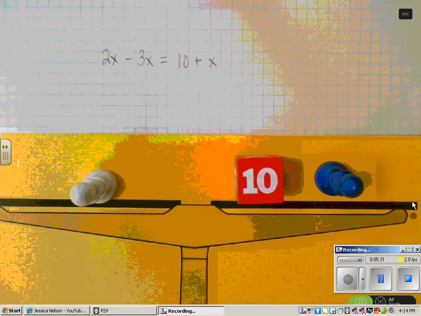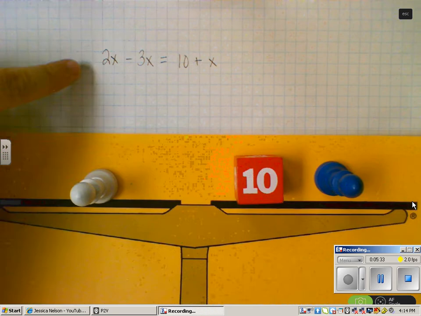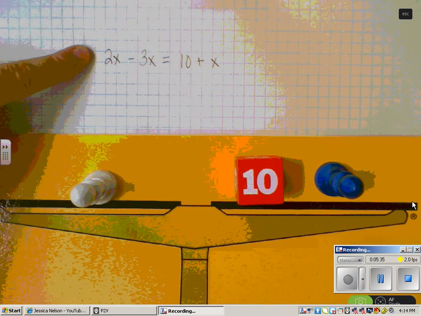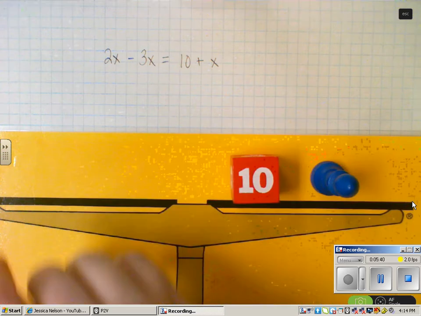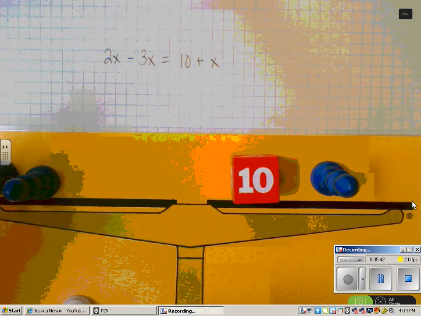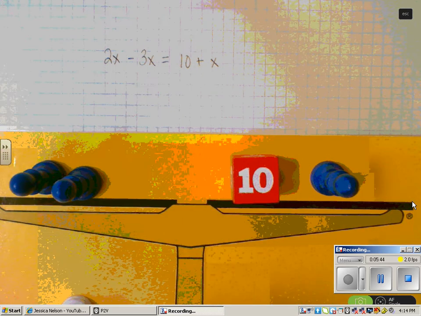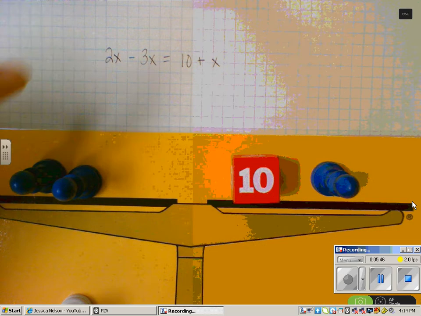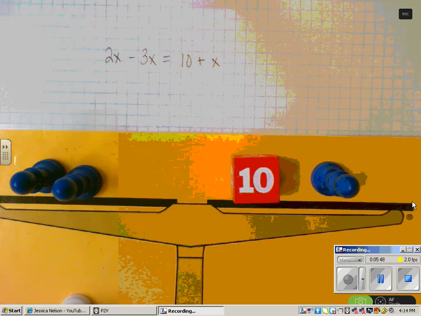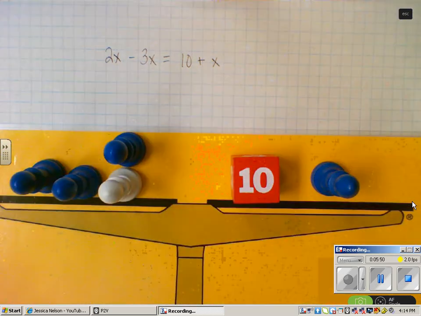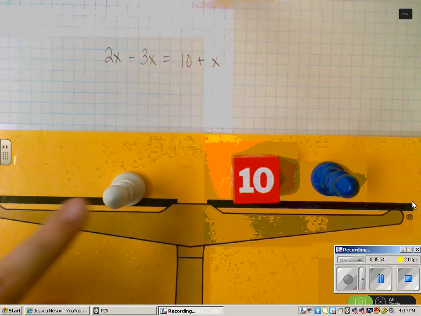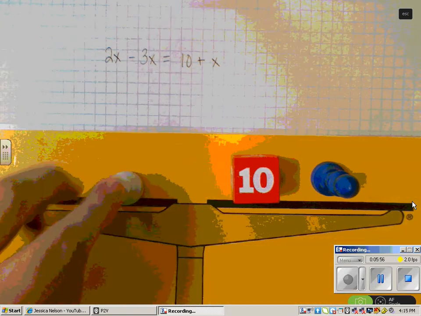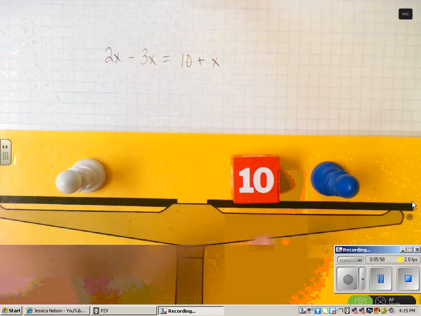Okay, here is my original setup for this equation. Just to back up a little bit, I put 2x on here, and then I had to take away 3x. Well, I only have 2, so I needed to add 1 more. And then I could take away 3. And that's how I ended up with a star on this side. Equals 10 plus x.